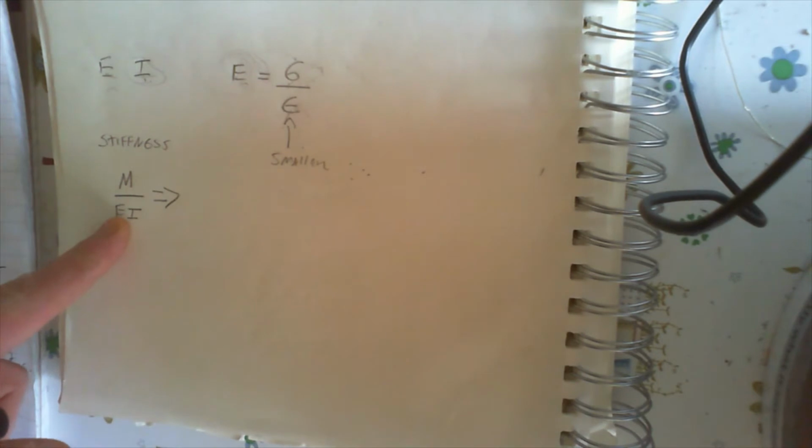Now, if you have the total bending force, and that's divided by the stiffness, that tells you how that bending force is going to affect the beam with a Young's modulus of E and the shape that's going to give it its stiffness. I hope you can kind of see that.